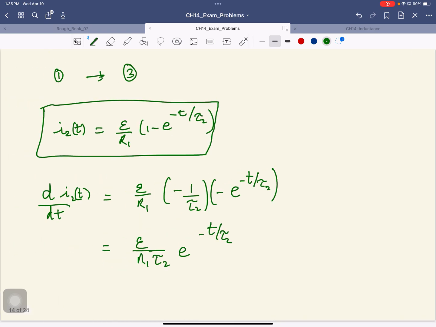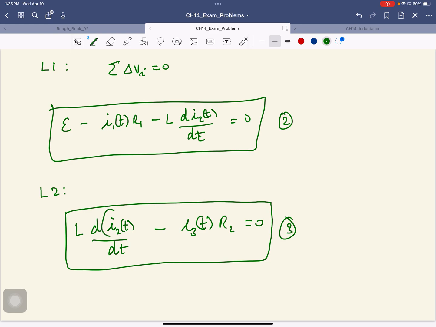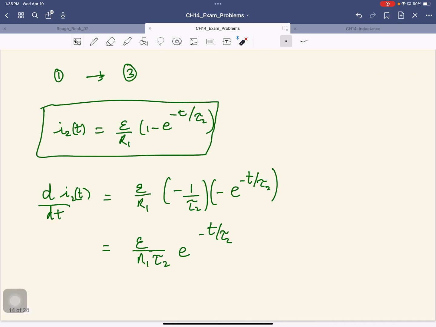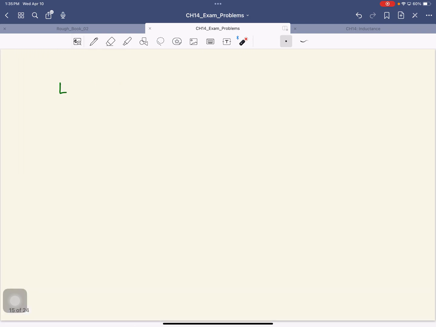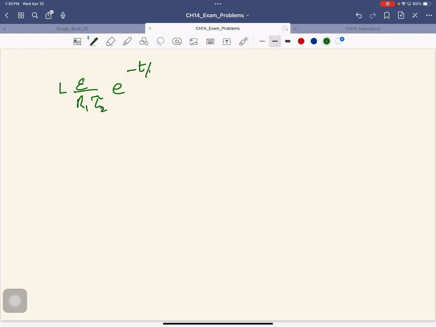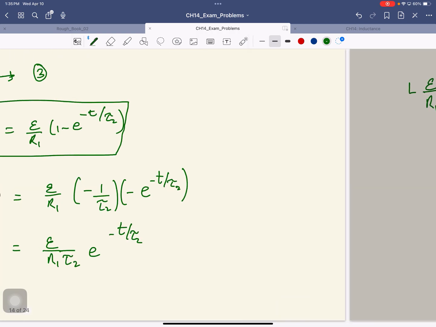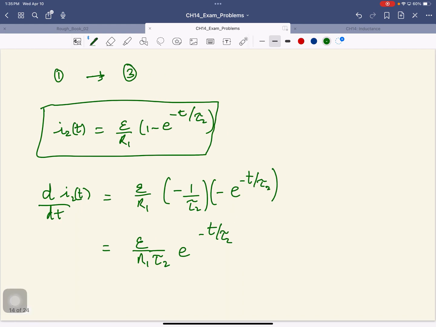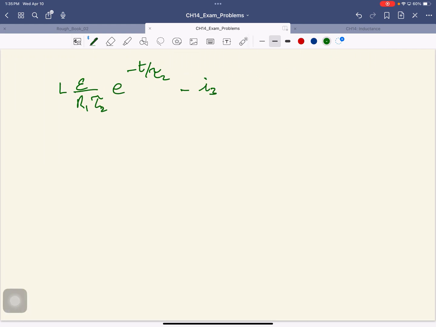L dI2/dt, here's dI2/dt is this, so we'll put that in there: L times E over R1 tau 2 times e to the power of minus t over tau 2, minus I3(t) R2 equal to 0.